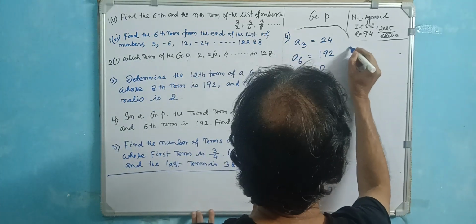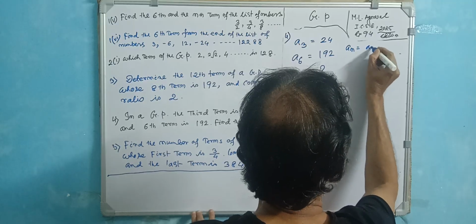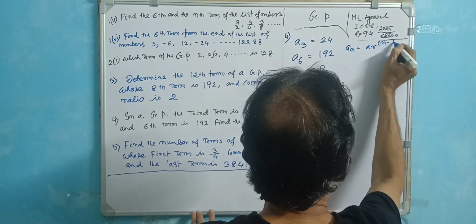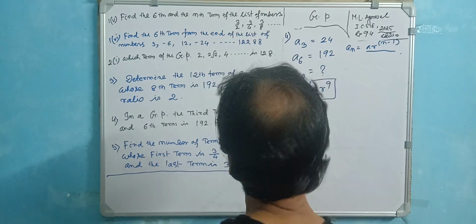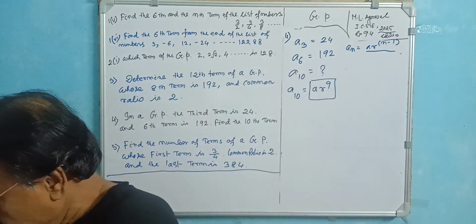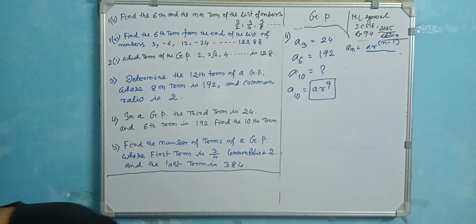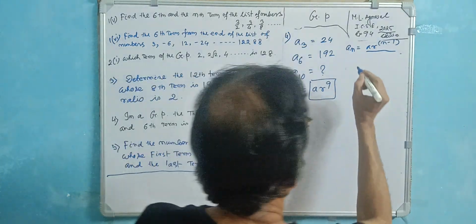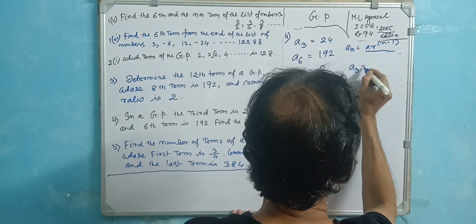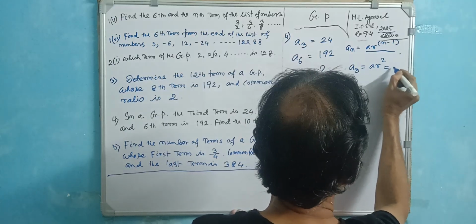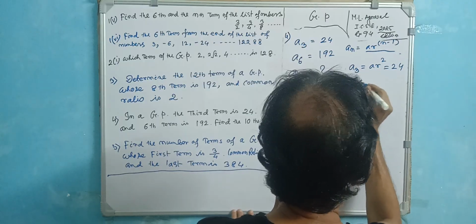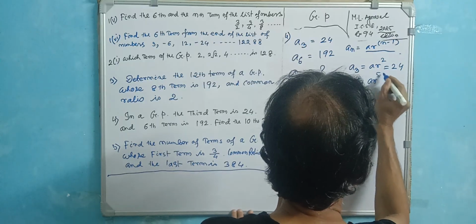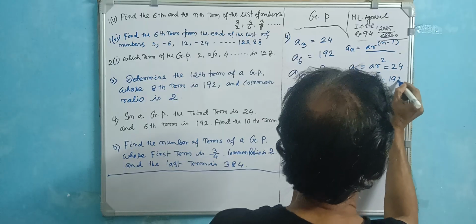So first, the general formula: AN you know is A r to the power n minus 1. From here, A3 means A r square, and the value is 24. A6 is A r to the power 5, and the value is 192.